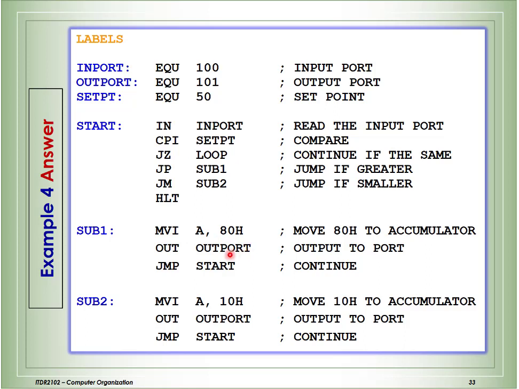If the value is less than 50, for example 40, then the control will move to sub2, and here in sub2 the value 10AH will move to the accumulator. Then it will write on the output port.